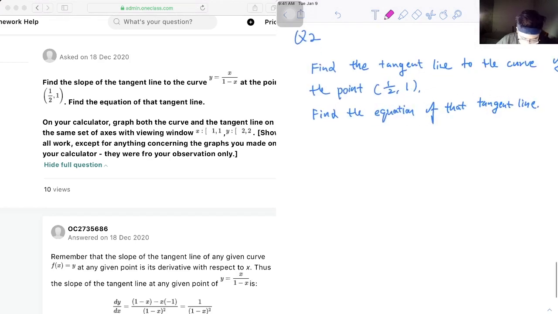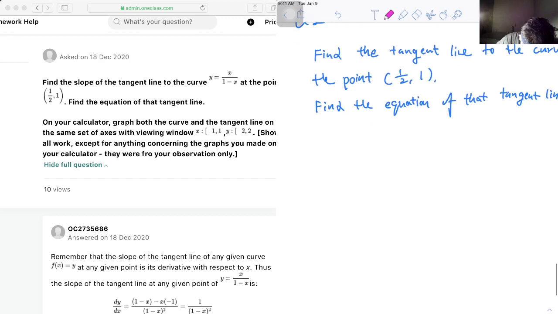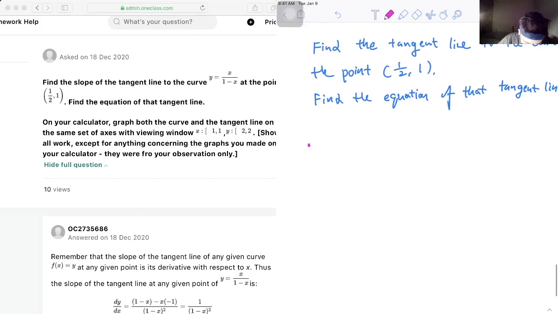All right. So the first thing we need to know is whenever we talk about the slope of the tangent line of any given curve at a given point, it is always the derivative with respect to x. So yeah, let's write it down here.